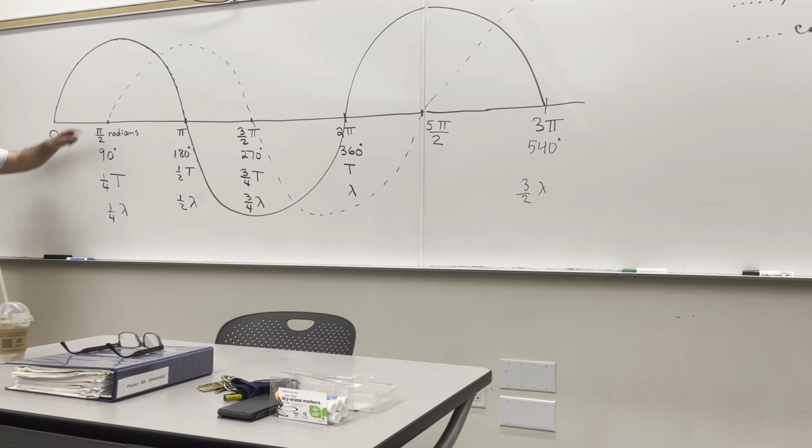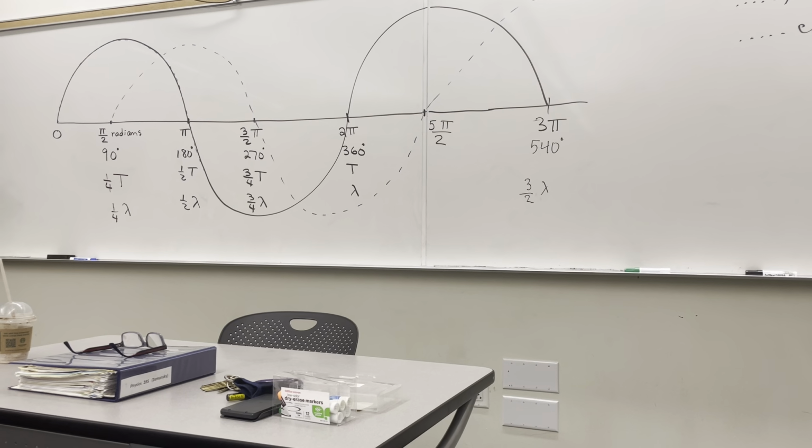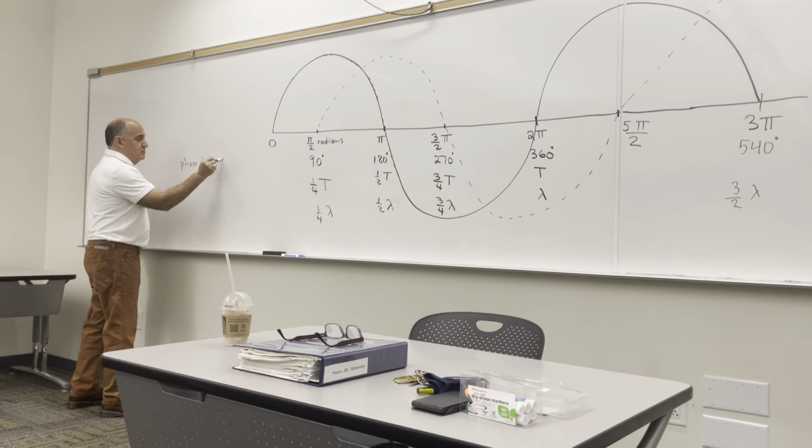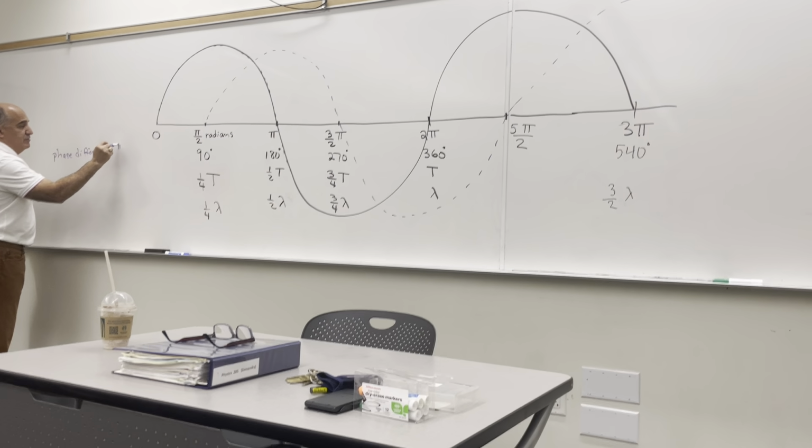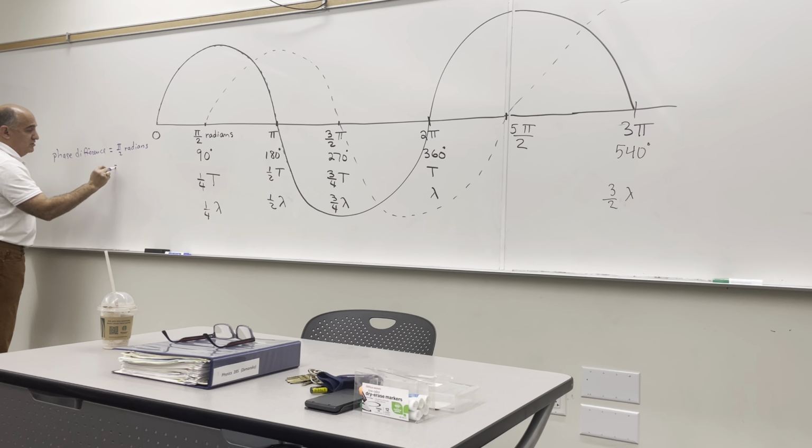So if you consider the purple wave and the black one, you can say the phase difference, which refers to an angle, is pi/2 radians. That's a good answer. Or you can say 90 degrees.